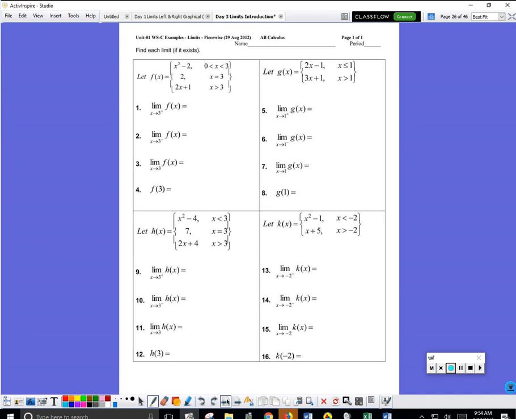So this one's the easy one because it's just x is exactly 1.